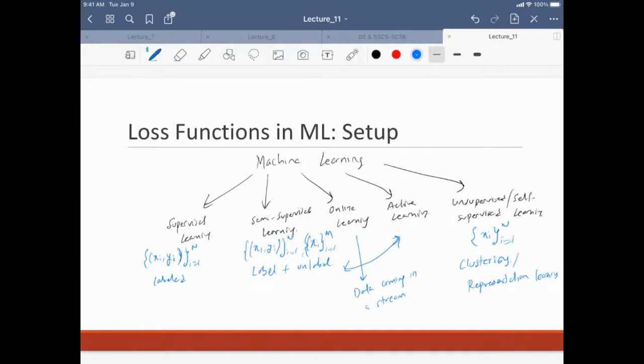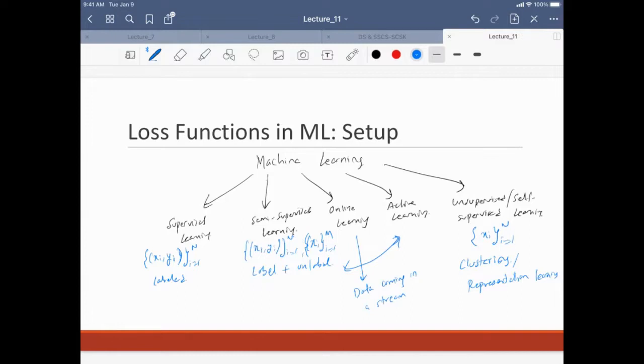Now, there are actually many more problems as well. There is generative modeling, generative adversarial networks, robust learning, meta learning, and so on and so forth. There's also reinforcement learning, obviously, which I didn't even cover here. A lot of these different types of learning problems come up depending on the scenario you have at hand.